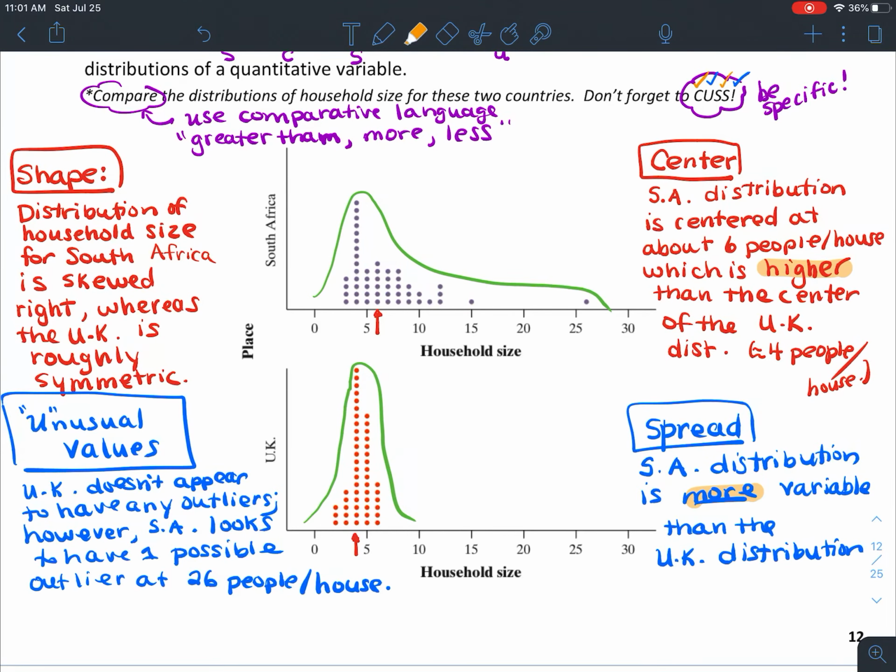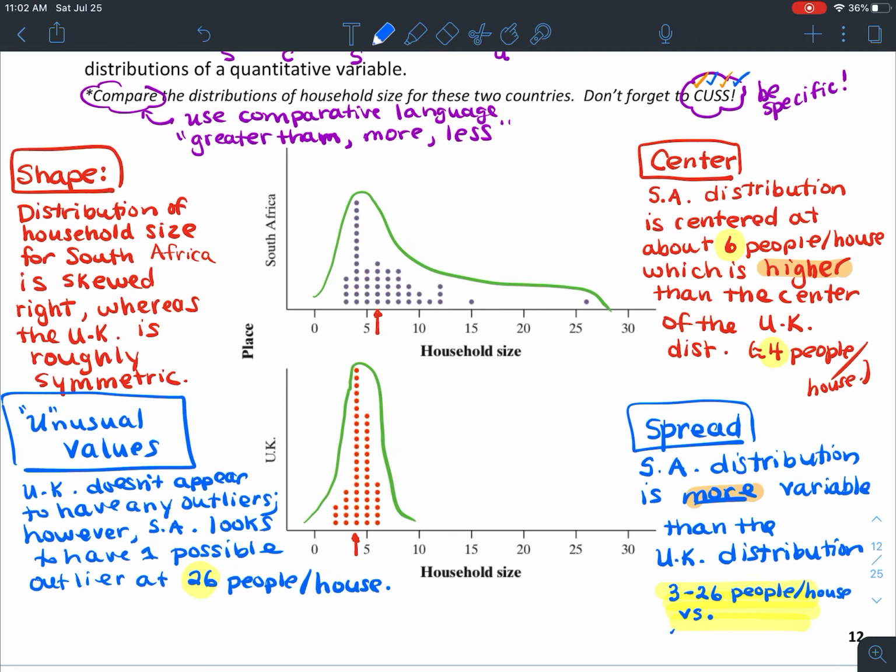Like that's what they're looking for. See, the evidence that we used for the center is us giving those numbers. Here's evidence for our unusual value. And now I'm going to cite some evidence for the spread. Since I listed this in order, I talked about South Africa first, I'm going to say that's between 3 and 26 people per house.